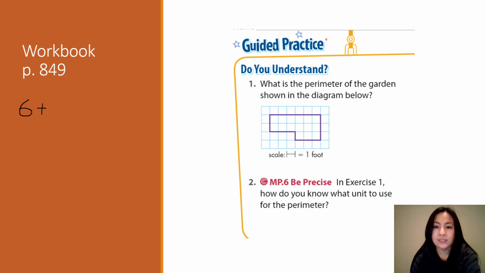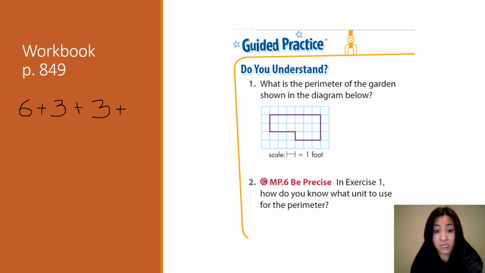Now let's count how many unit segments along this right side. 1, 2, 3. So we'll add 3. Now count the side on the bottom. 1, 2, 3 also. And now this side right here that goes up from the bottom.